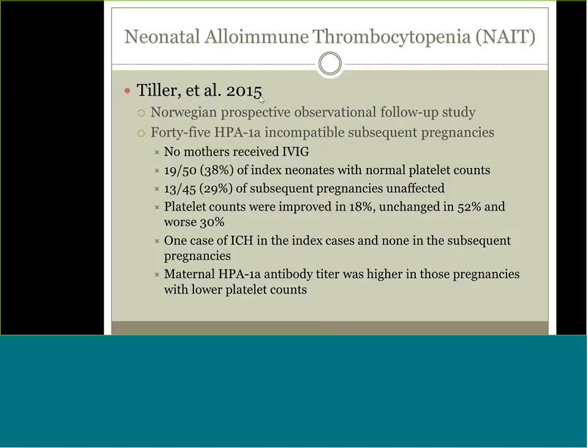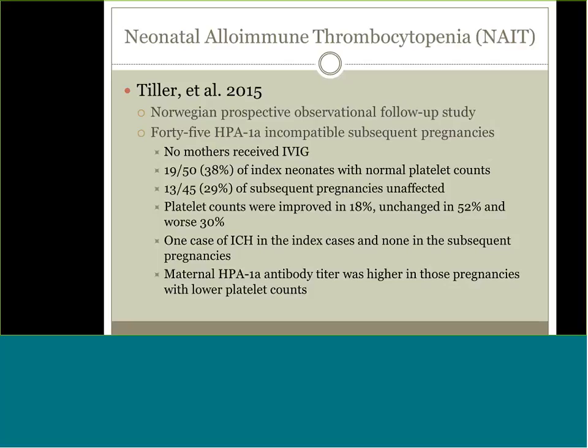And in those index neonates, 38% had normal platelet counts. In the subsequent pregnancies, 29% were unaffected as well. How did they determine the incompatibility? They tested mom and dad. Usually they screen for HPA 1B, 1B homozygous moms, and then they'll go and test dad.